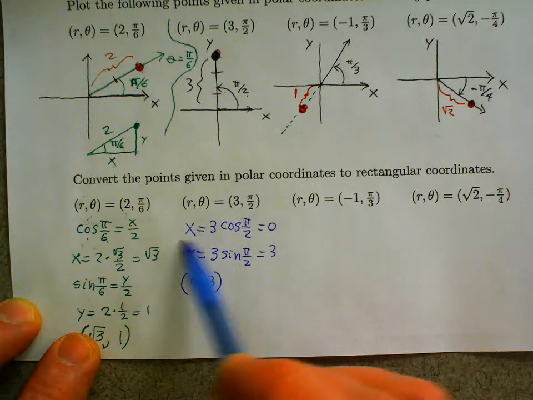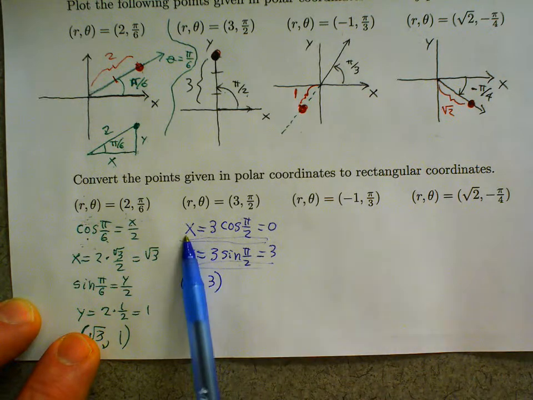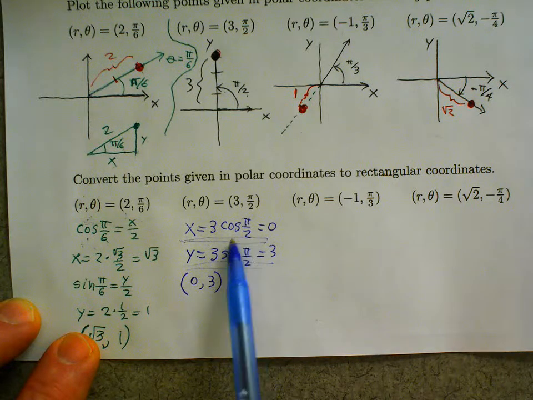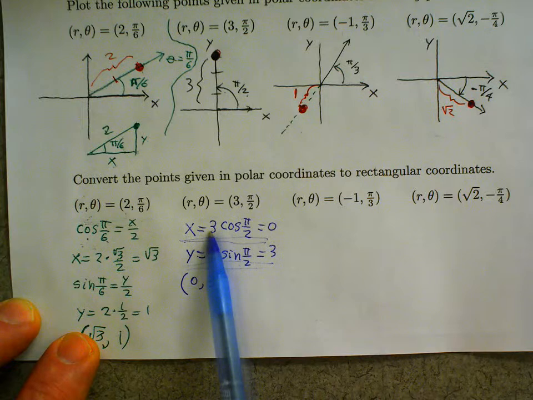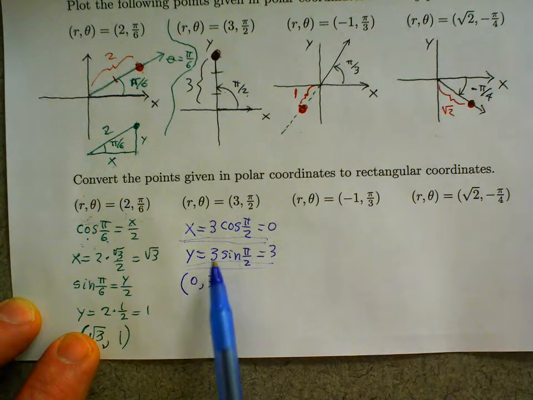But we want to get used to writing x in terms of r and the trig function, in particular the cosine, and similarly for y, r times sine of some angle.